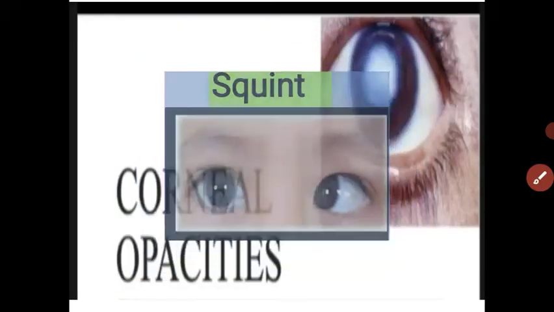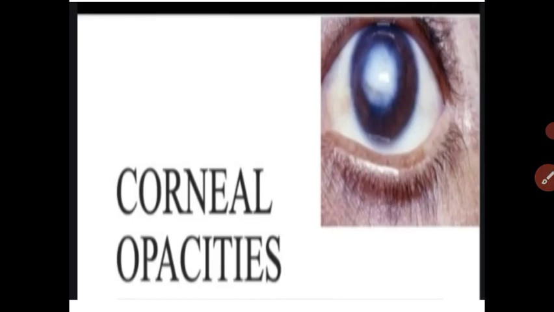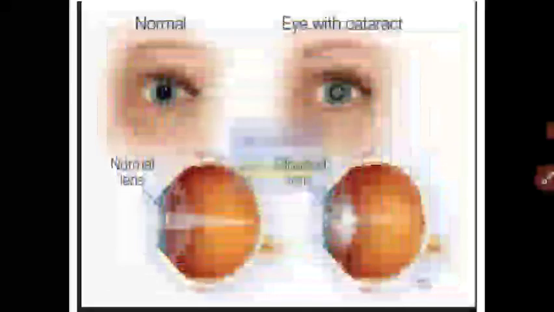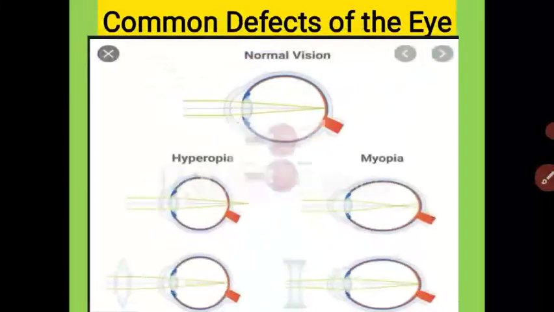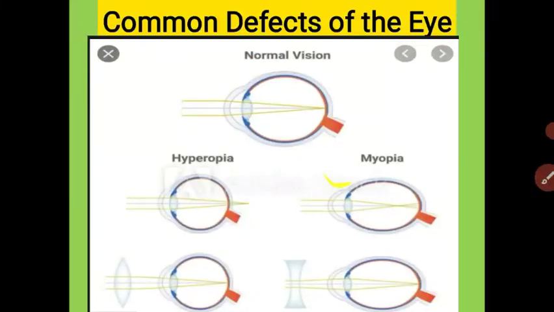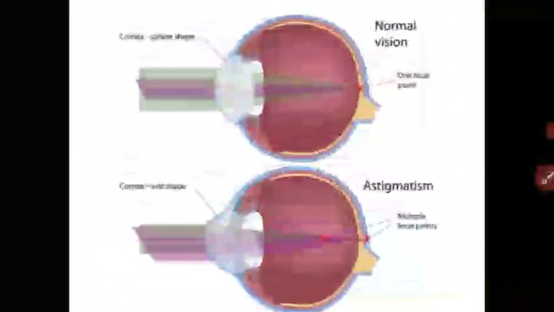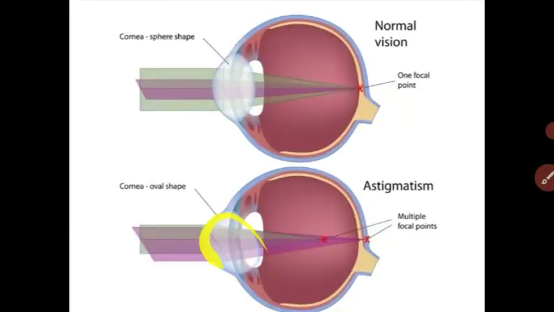There are many defects related to our eye. Let us revise what we have studied in this video. It is very important. Myopia and hyperopia, also called nearsightedness and farsightedness. Next is astigmatism, which arises from uneven curvature of the cornea.